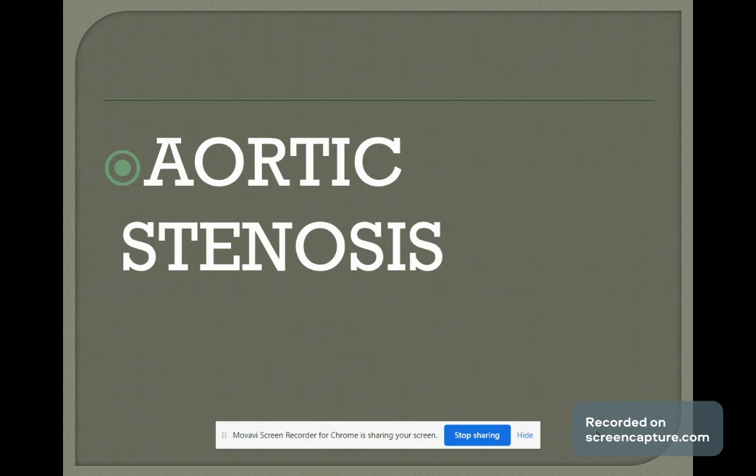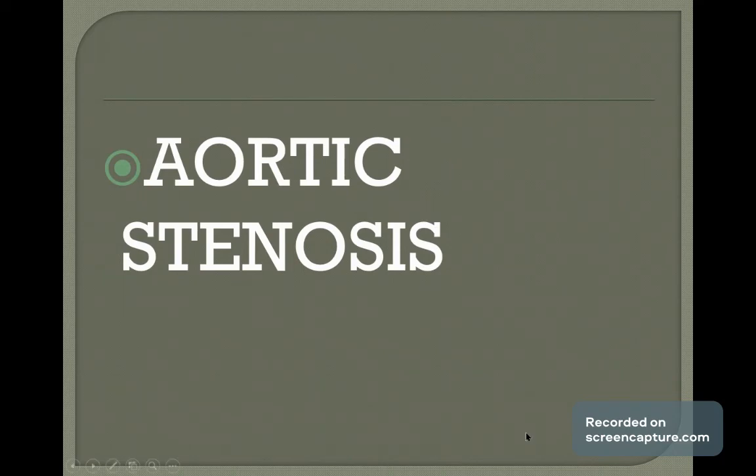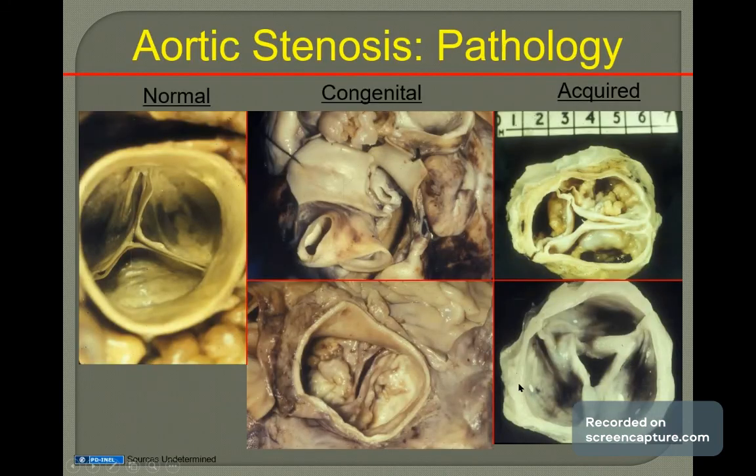Aortic stenosis is a very important disease to discuss in the aortic valve diseases, aortic stenosis first of all. Now, the pathology of aortic stenosis is the same as in mitral stenosis.